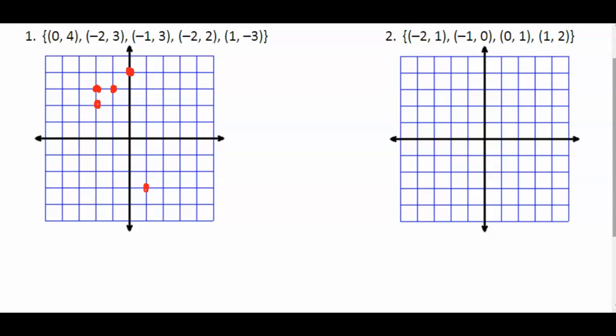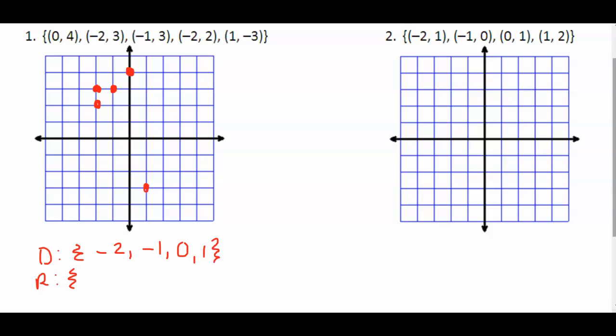Your domain and range never get repeated when you write them in our set notation. You put brackets around them. It's good habit to start on the left and go to the right. So that would be -2, -1, 0, and 1 for your domain.